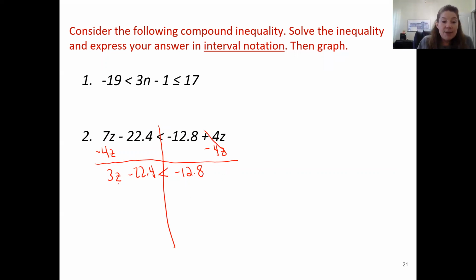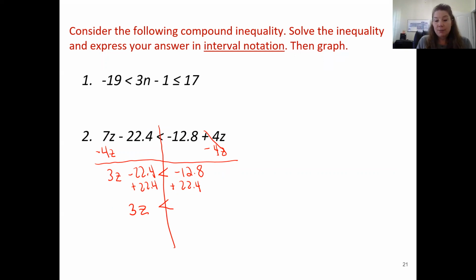All right, I want that z by itself. So how do I get rid of -22.4? I'm going to add 22.4 to both sides. I'm going to bring down my 3z. I'm going to bring down my inequality sign, and then just put this right in your calculator, guys.